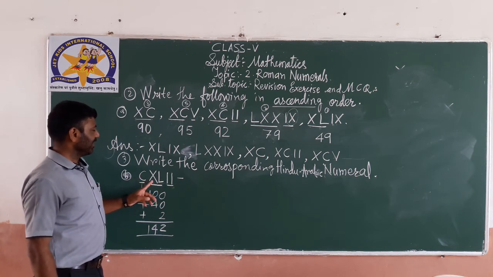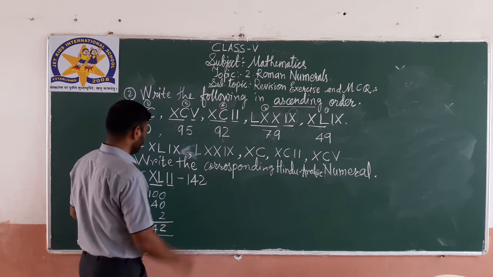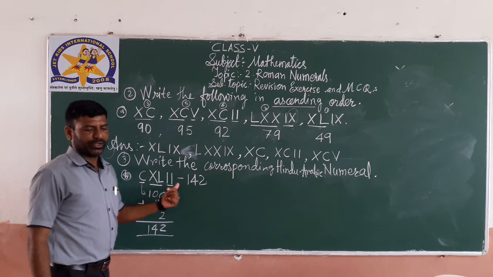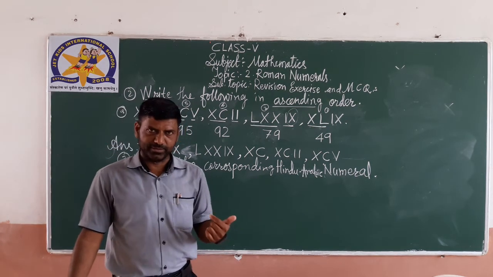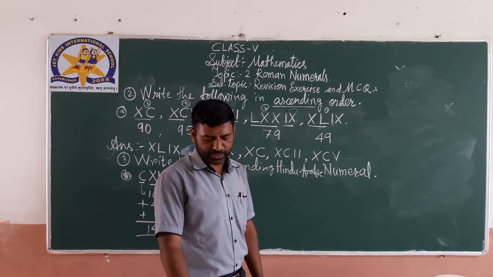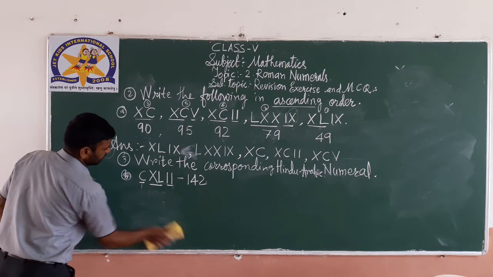So CXLII means 142. Understand? Are you able to solve? The remaining you will have to solve. Then question number 4. Write the corresponding Roman numerals.